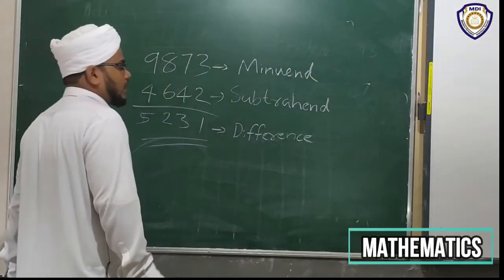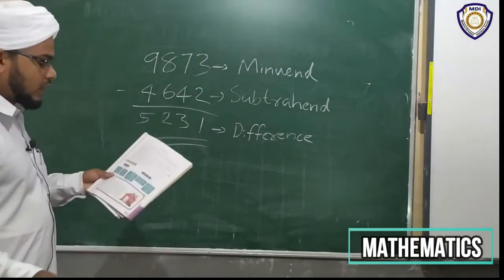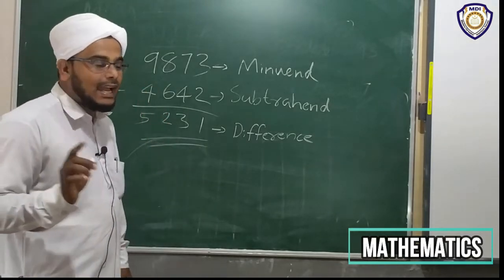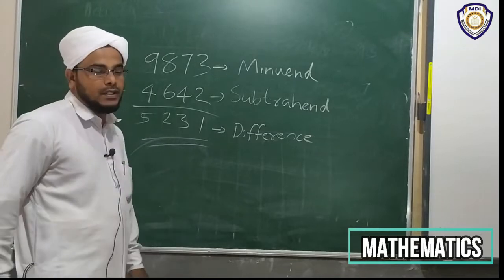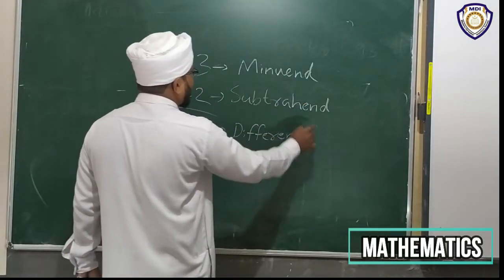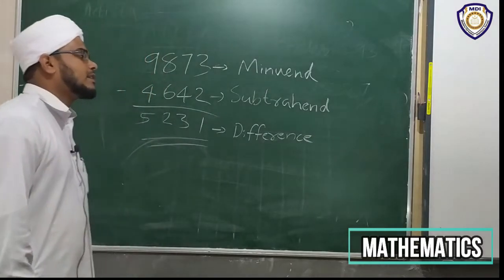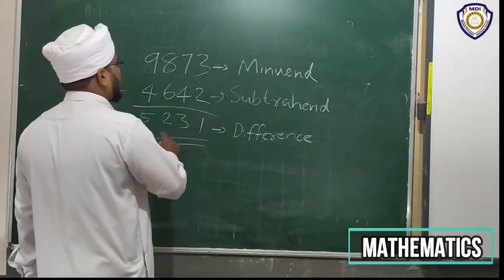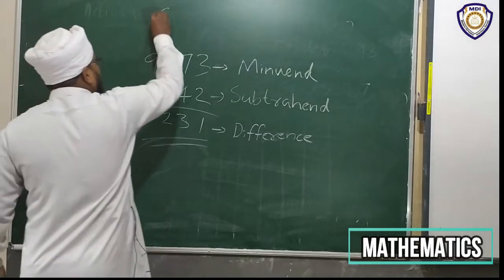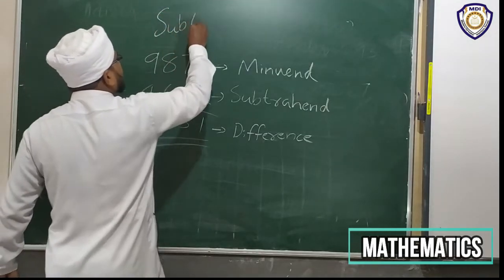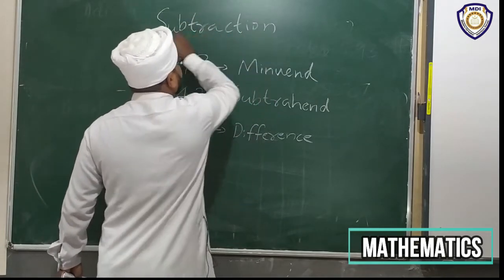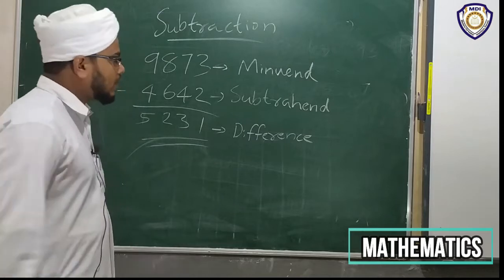Okay. In addition, there are only two names, addends and sum. Here three names are there: minuend, subtrahend and difference. It is related with subtraction. Okay.